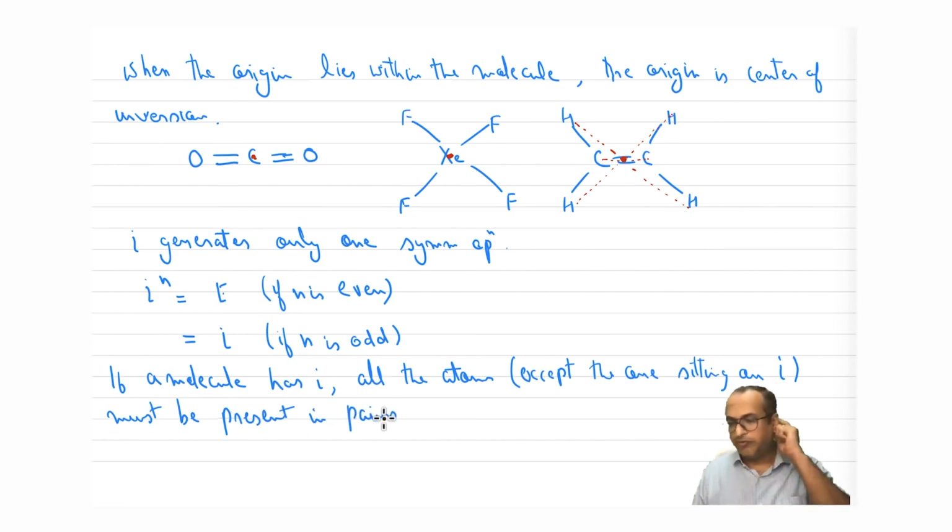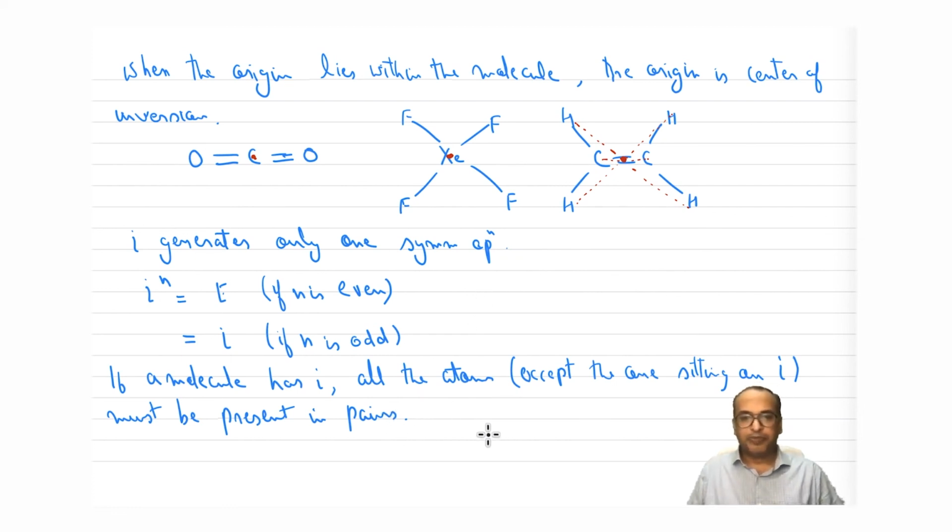Otherwise you will not be able to reflect one atom onto another atom of the same species. So that means we don't need to look for an inversion center in a molecule which has an odd number of atoms of more than one species. If two different species are present in odd numbers, the molecule cannot have i, right? But vice versa is not true.